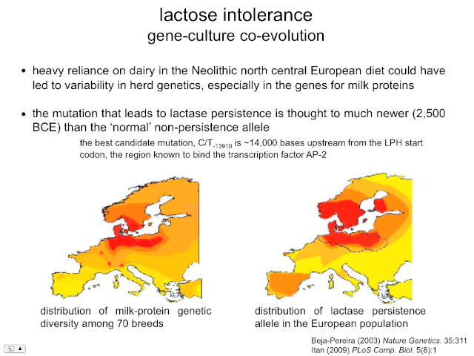This is a complicated slide, so let me go through it slowly. The idea is gene-culture co-evolution, so the genes and the culture co-evolve. Heavy reliance on dairy in the Neolithic North Central European diet could have led to variability in herd genetics, especially for the genes for milk proteins.